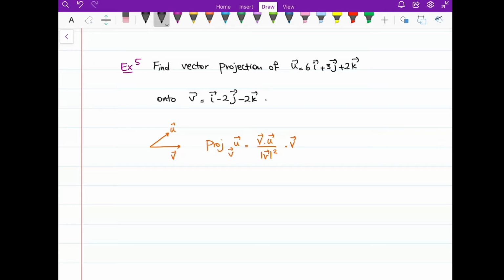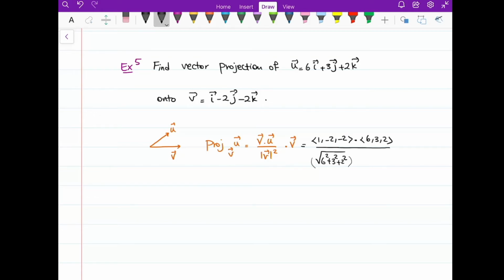Okay, so I need to calculate this product. So v, which is 1, negative 2, negative 2, dot product with 6, 3, and 2, and then over the length of them, which would be 6 squared plus 3 squared plus 2 squared, and then, okay, the length is squared actually.